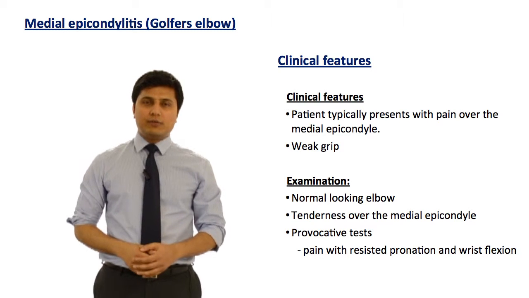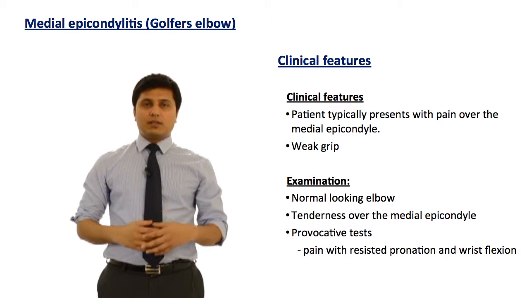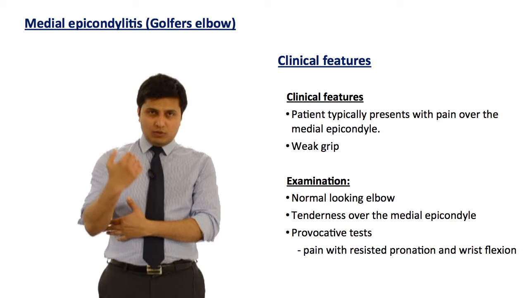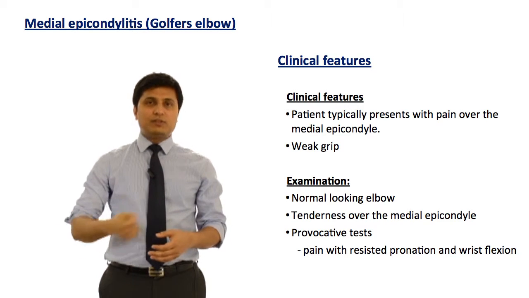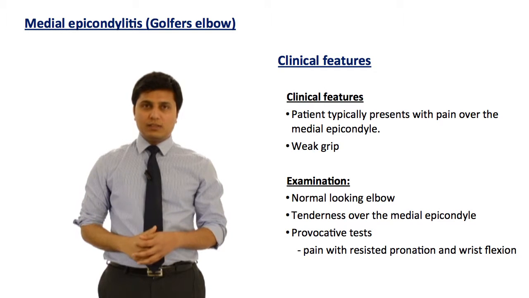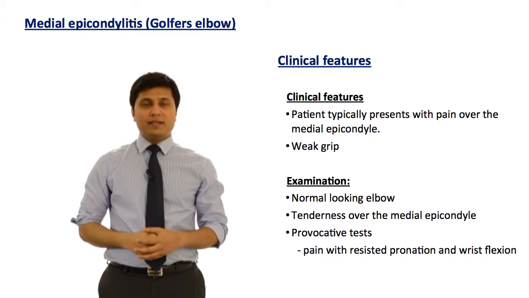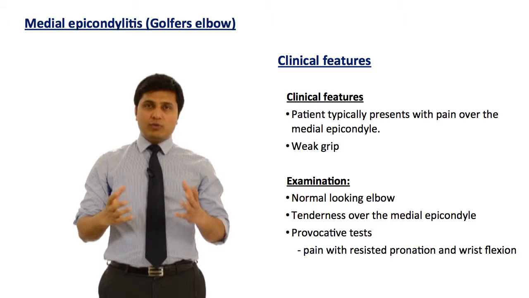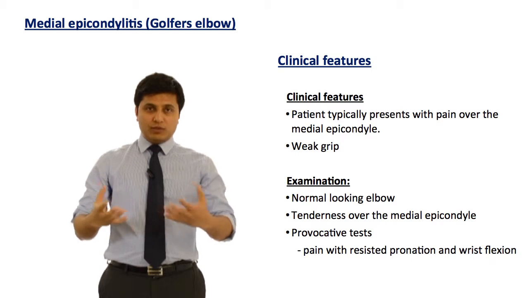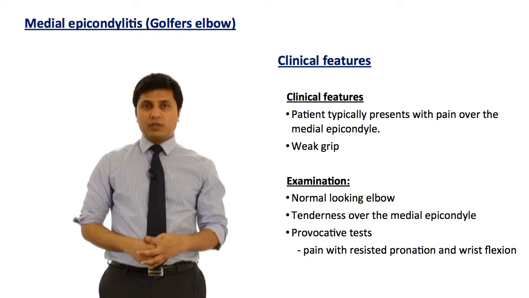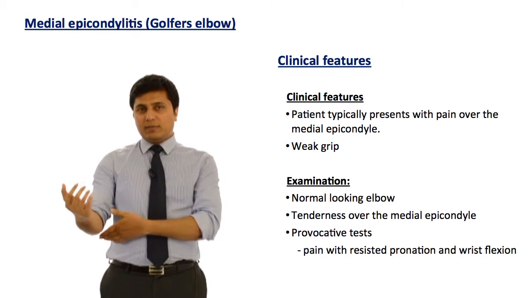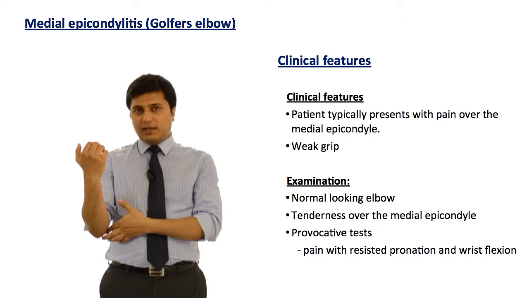If we look into the clinical features, typical patients will complain of dull aching pain on the medial aspect of the elbow, exacerbated by activities involving flexion and pronation movement. They may report weakness in the grip strength as well. On clinical examination, the elbow may look normal, but if you palpate, there may be tenderness on the medial epicondyle area.